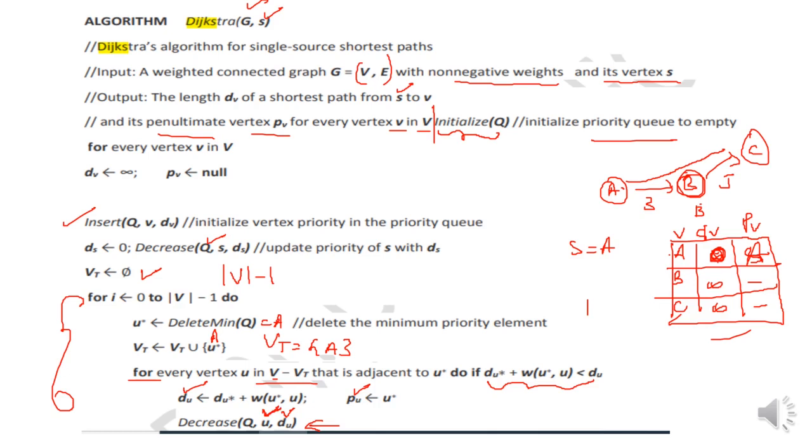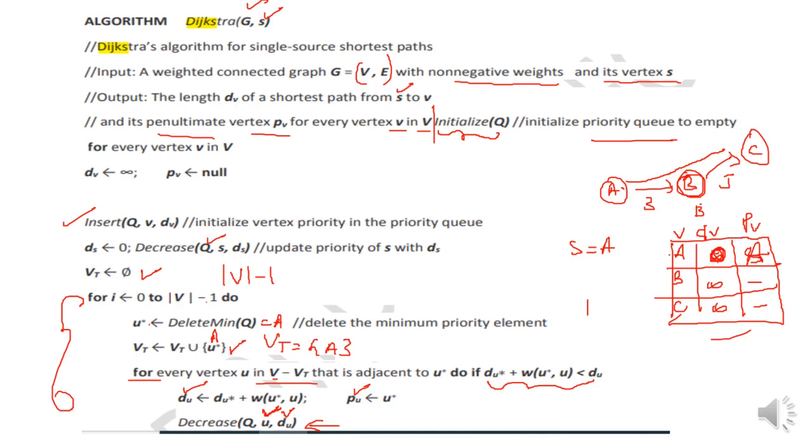Okay, let me explain this for loop again. Initially, for every vertex that is present in the graph, you're going to apply these steps. Initially, you have to delete the minimum priority element. Then once after deleting the minimum priority vertex, you have to put it into the set of tree vertices.